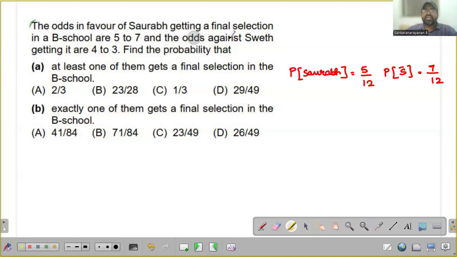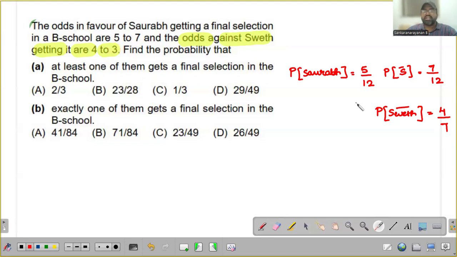The odds against Sweth getting it are 4 to 3. So the probability that Sweth is not going to get selected is equal to 4 by 4 plus 3, 7, because the odds against are given as 4 to 3.